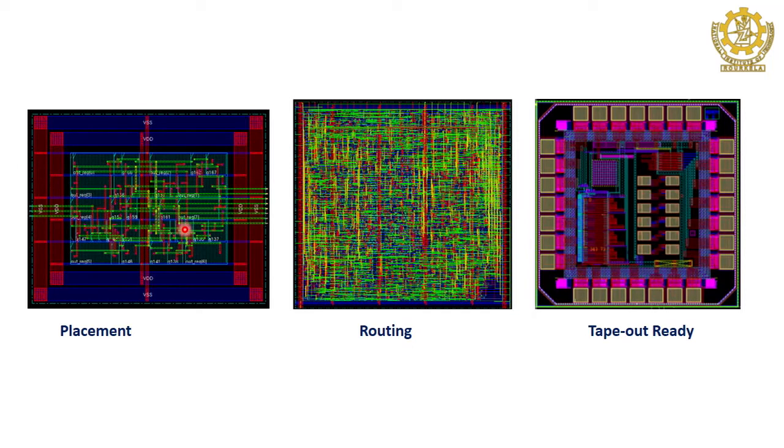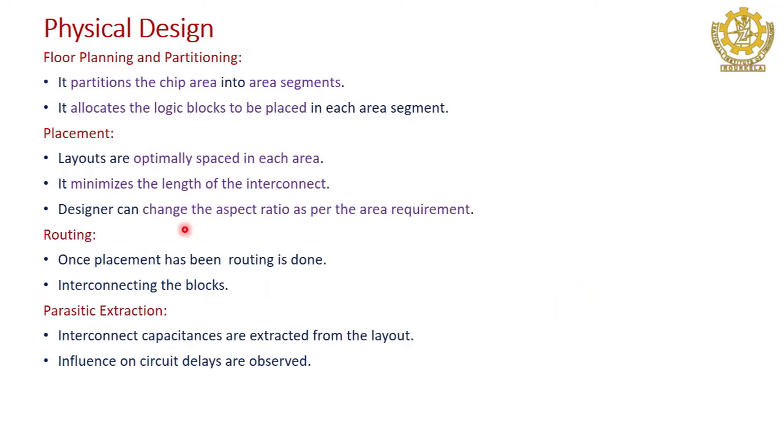No doubt you have to do it using tools. Cadence SOC Encounter or Innovus is one tool, and Synopsys IC Compiler is the tool used mostly in industry for this. We will teach you. It also allocates the logic to be placed in each area segment.